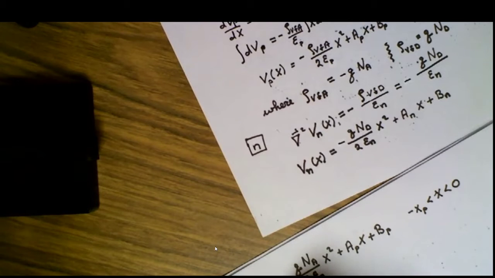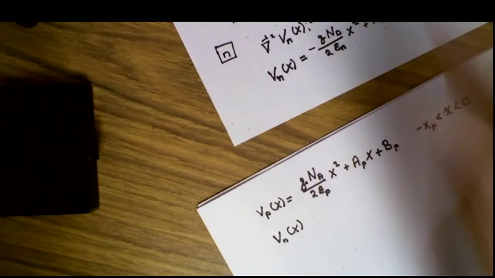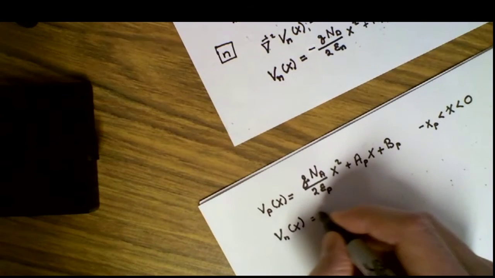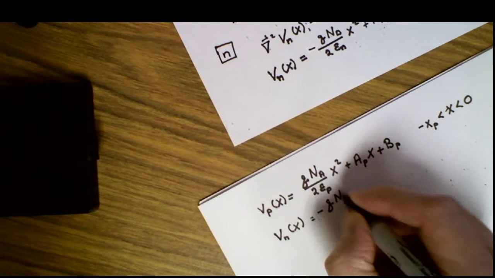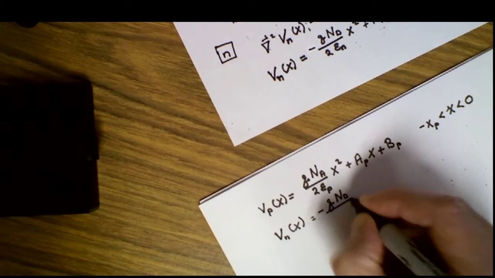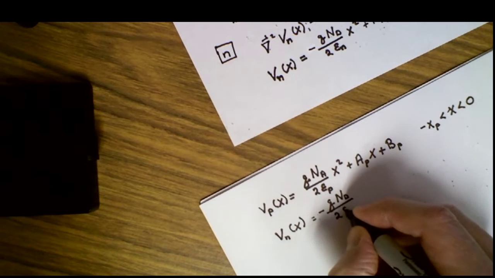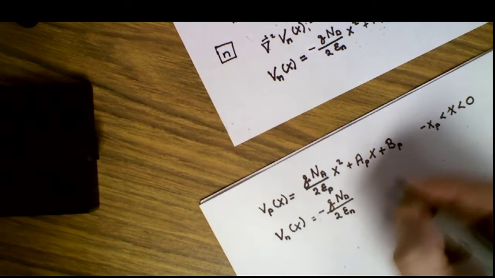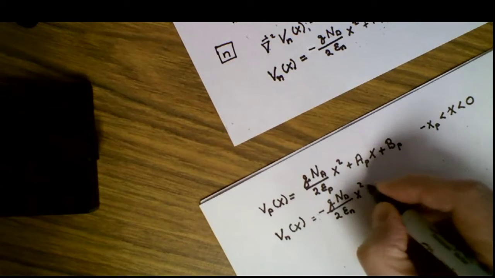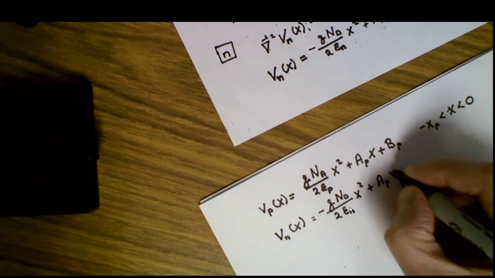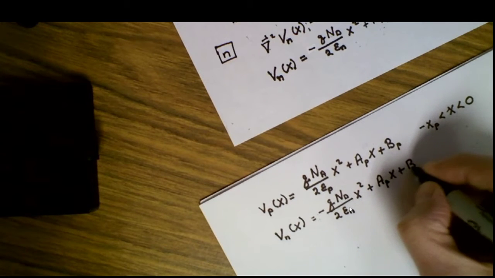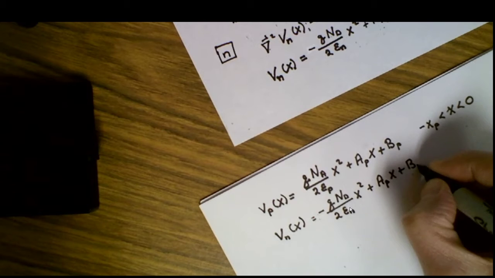Let's look at our n region, the potential in our n region. We argue that this is going to be equal to minus the charge Q times the number of donors per unit volume divided by 2 times the permittivity of our n material times x squared plus a sub n times x plus b sub n.